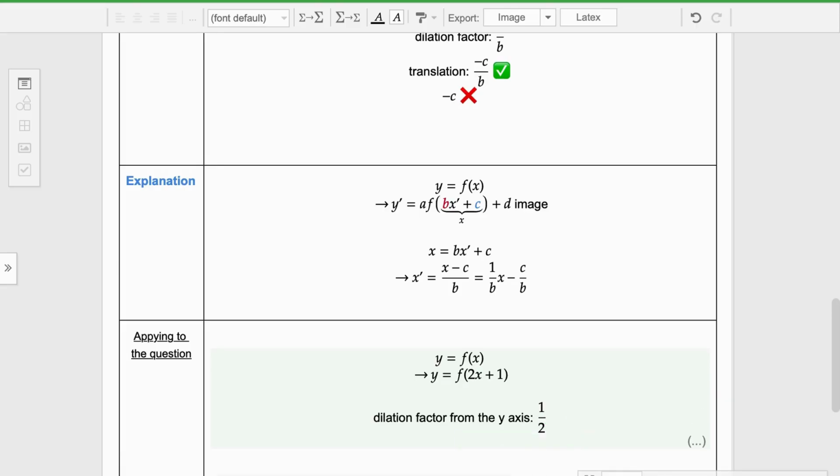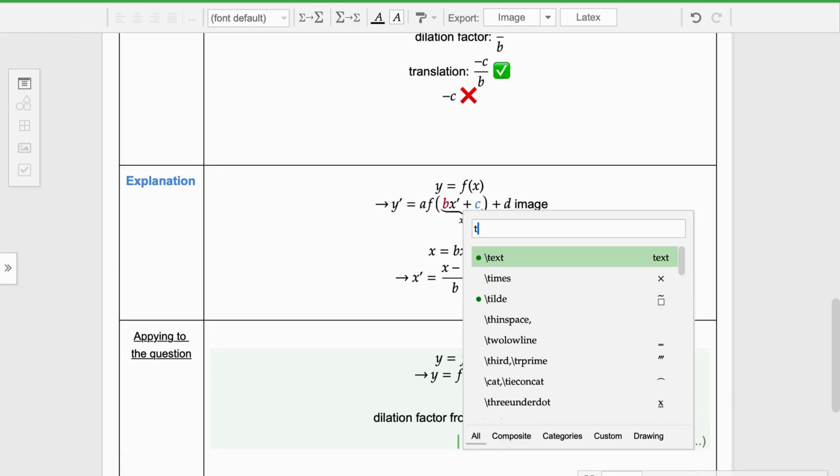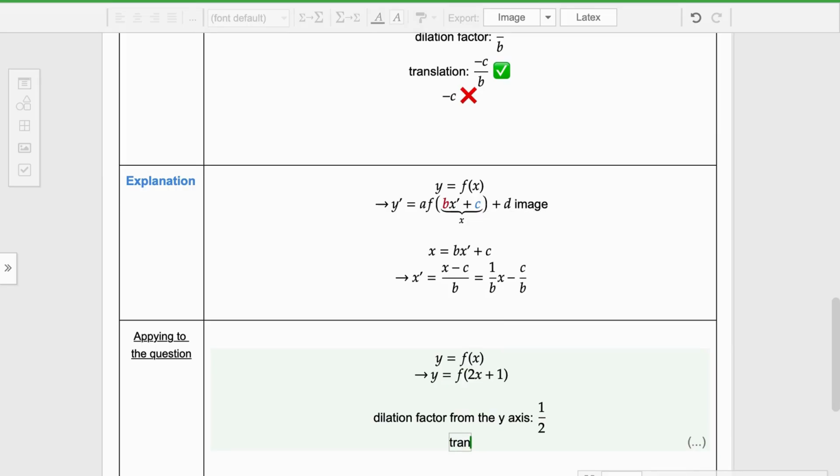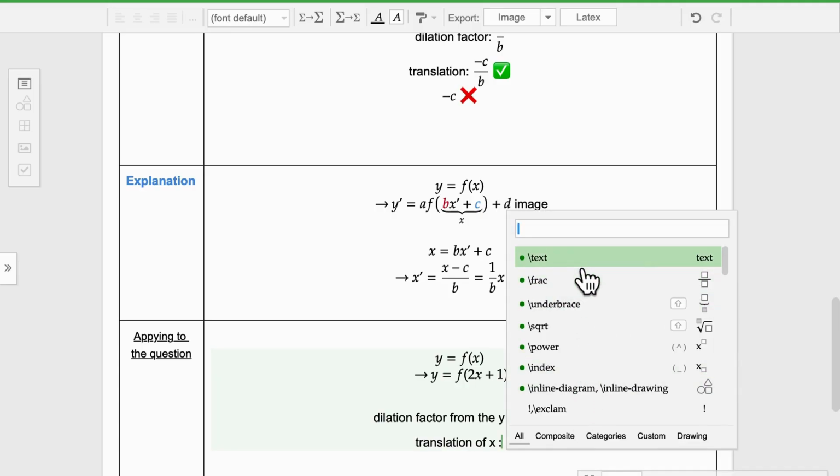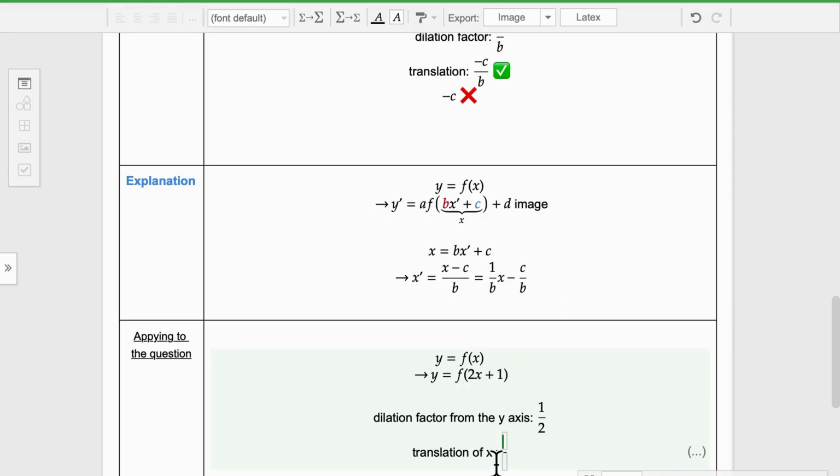And what about the translation of x? It will be negative c, so negative 1 divided by 2. So the graph has a dilation factor of 1 over 2, meaning it has been compressed. It becomes thinner, and then it has been moved to the left by 0.5 unit.